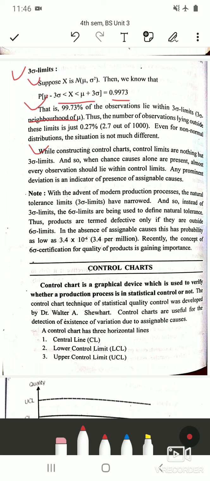If they are within the limits, then we say the process is under control. If not, we say that there is something wrong or the quality is not up to our expectation. To choose the limits we use 3 sigma limits because most observations will lie within them, and the observations which lie outside this limit are very few.